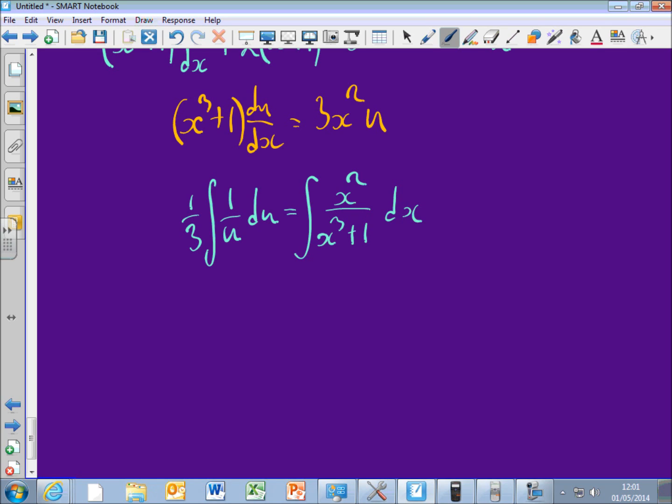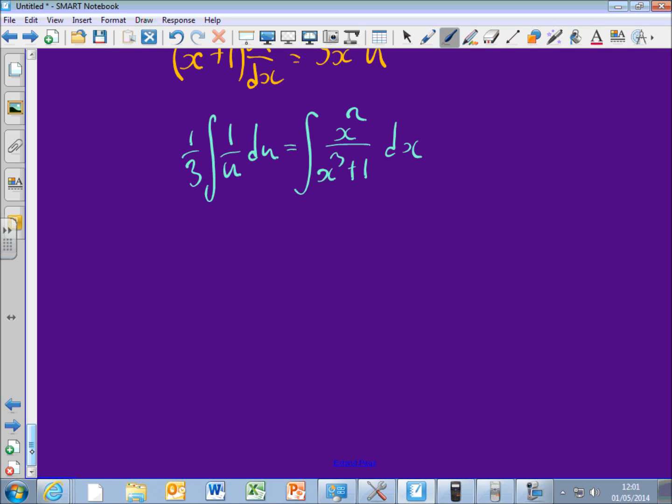And so I integrate this. On this side I'm going to get 1/3 ln u. On this side it's ln of the bottom, isn't it? Yeah, 1/3 ln of the bottom, plus c. Yeah?